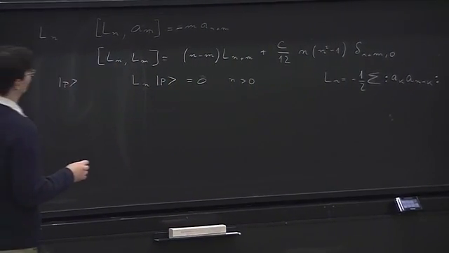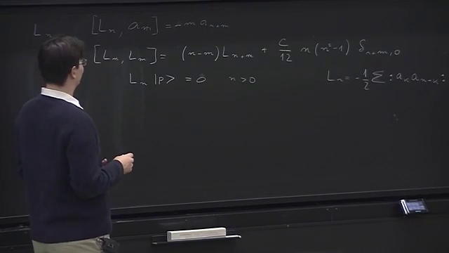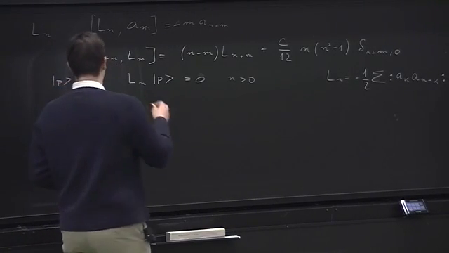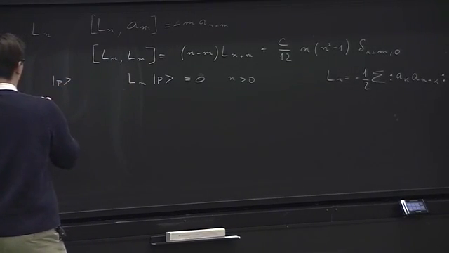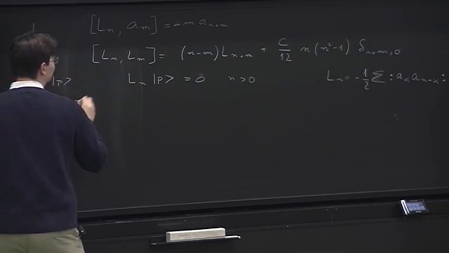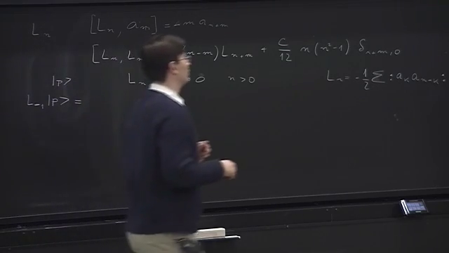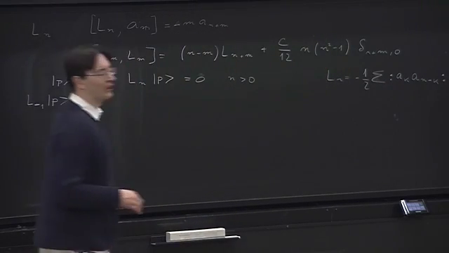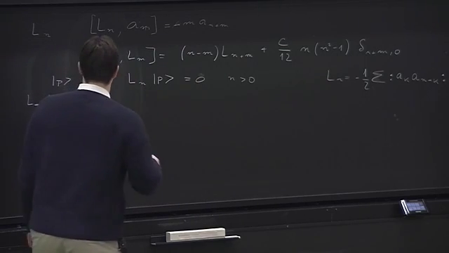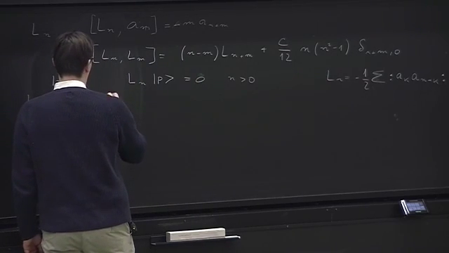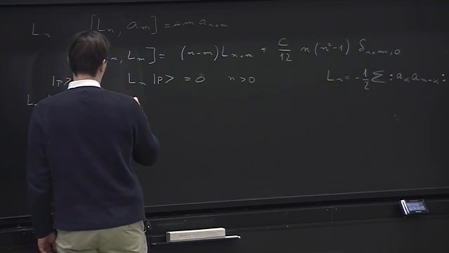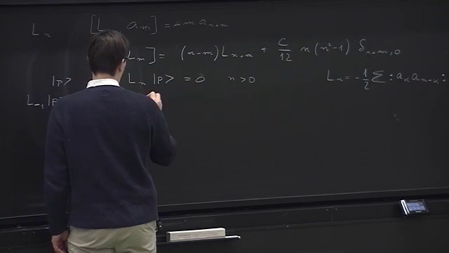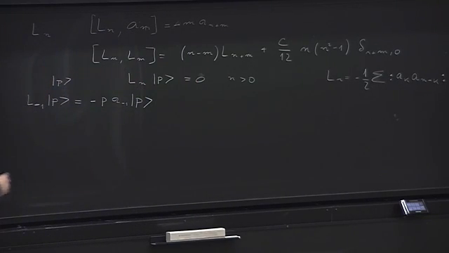So what happens if I act with L minus 1, say, on P? The only interesting term is going to be A0, A minus 1. So I get minus P, A minus 1.